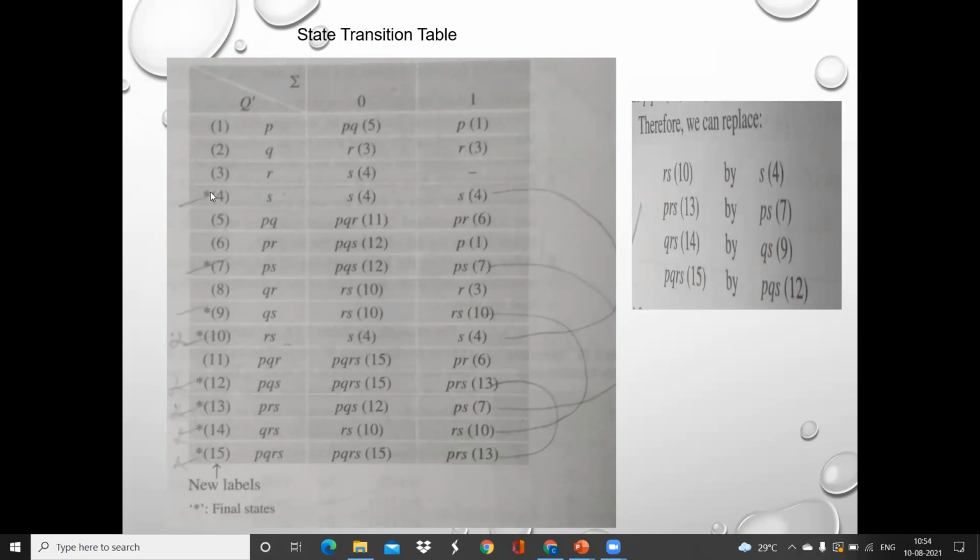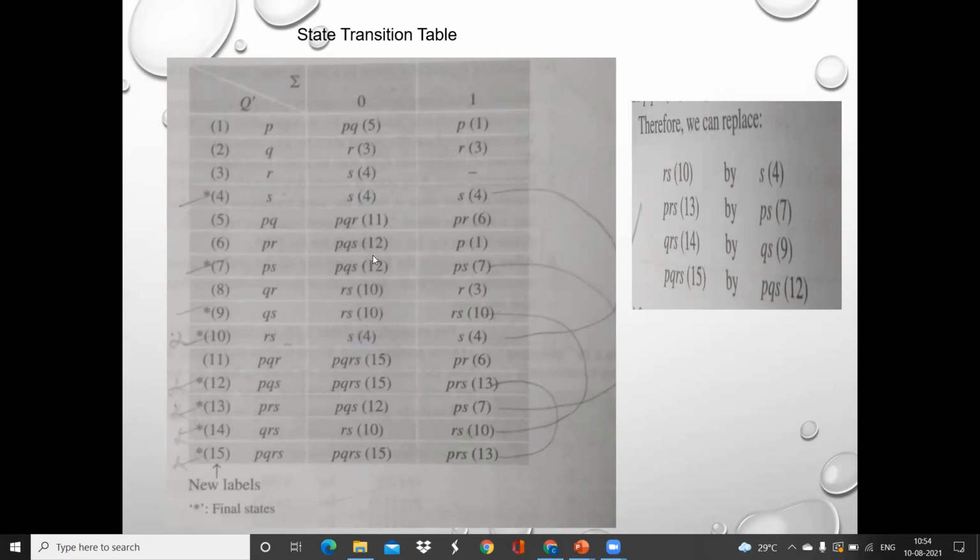Here you can see the star mark. The star mark indicates that these states are final states, and where you do not find the star mark, it means those states are non-final states. So let's take the transitions. You can see that for state number 4, S, on input symbol 0 and 1, there is a transition to state S. And for state number 10, that is RS, again on input symbol 0 and 1, the transition is the same.